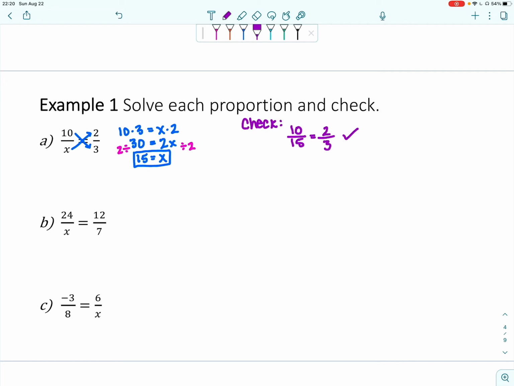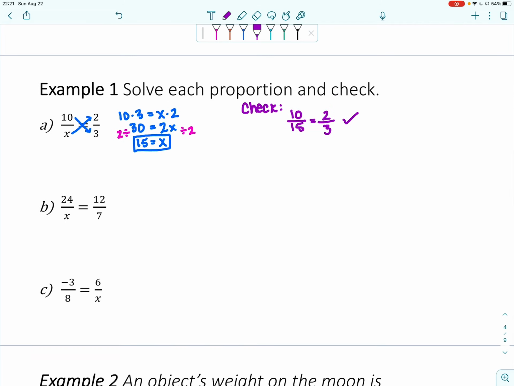I get the same number in my calculator for both of those ratios. That's the quickest, easiest way to check to make sure that these are correct: take each ratio on its own, plug it in your calculator, make sure you get the same answer.